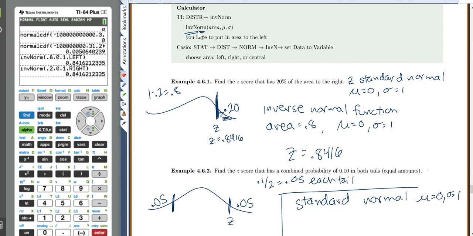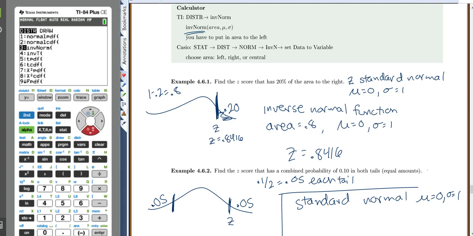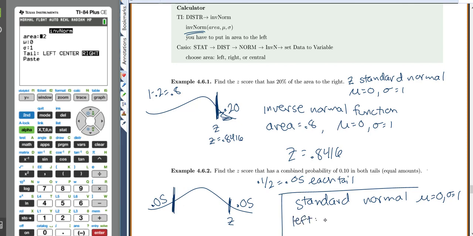There's 3 different ways I can put this in my calculator, so let's see how tricky we can be. So we want our inverse normal. If I want to do left, then my area would be this 0.05.